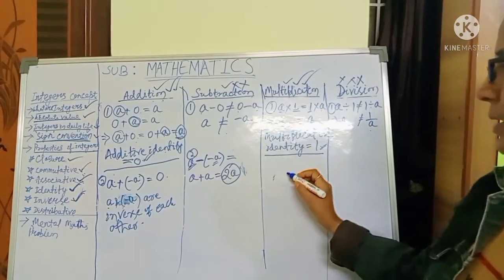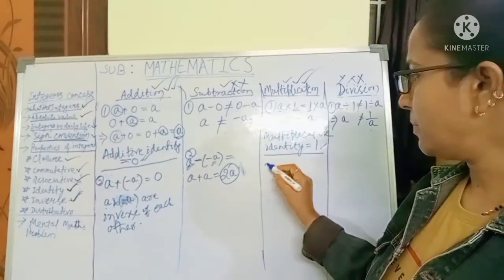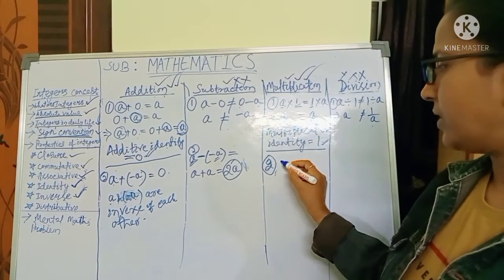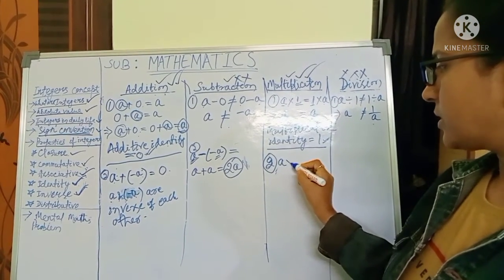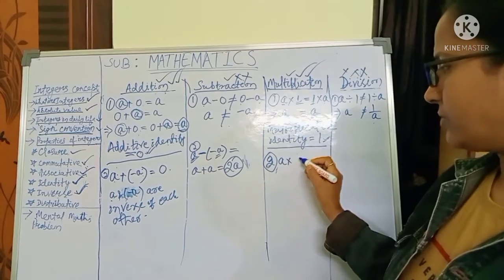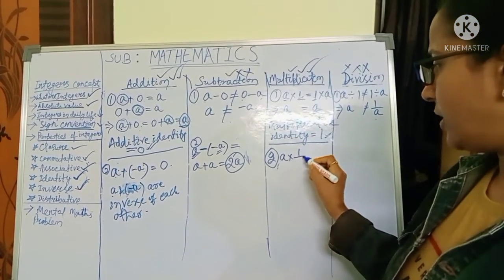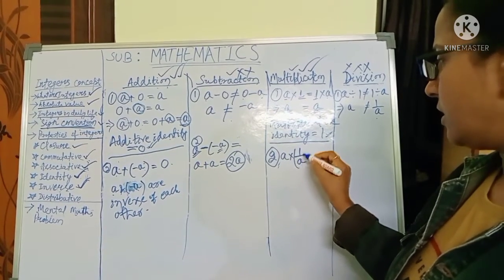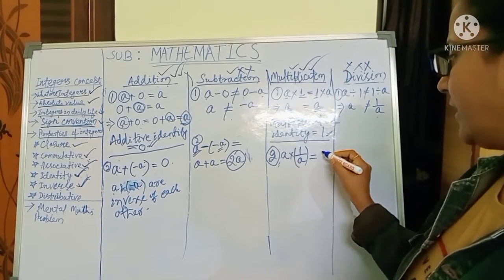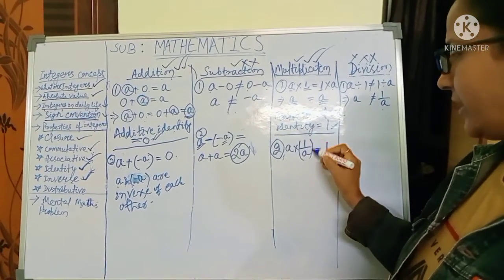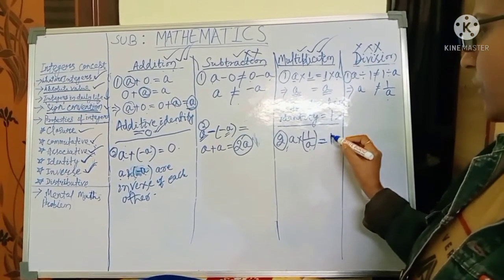So we'll check for multiplication. In multiplication, the inverse is nothing but the reciprocal of that number. If we take the inverse of the number, we always get the result 1, because if we take the reciprocal, we get 1.